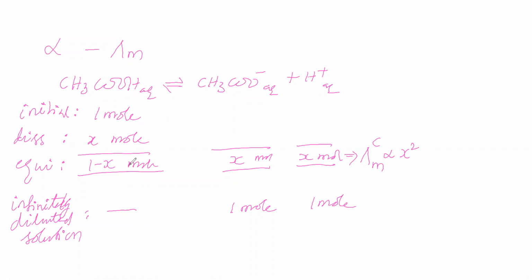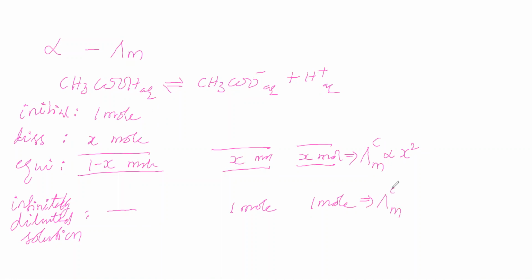Because the anion moves towards the anode and the cation moves towards the cathode, they contribute to current. The undissociated acid is not contributing.